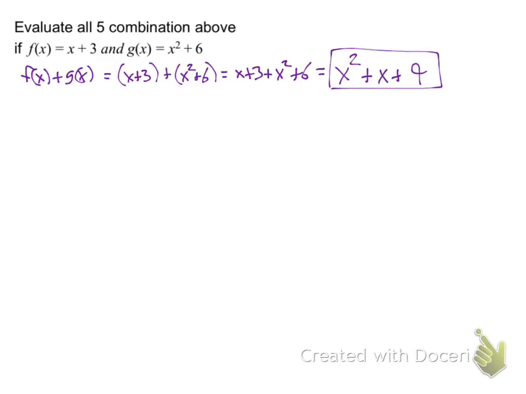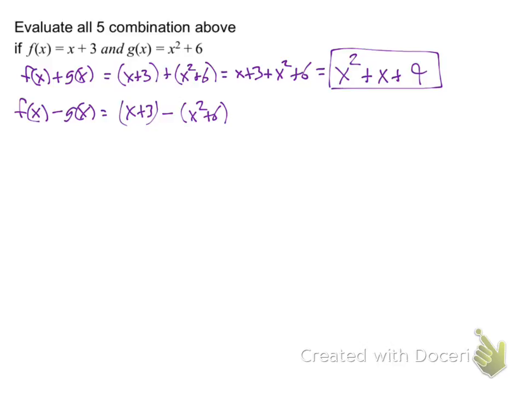Now, the next one is f of x minus g of x. This one does have a slight twist because, yes, I agree, it's still x plus 3 for f of x. It's still x squared plus 6 for g of x, yeah? But what's between them? A negative sign. Now, do you need parentheses?